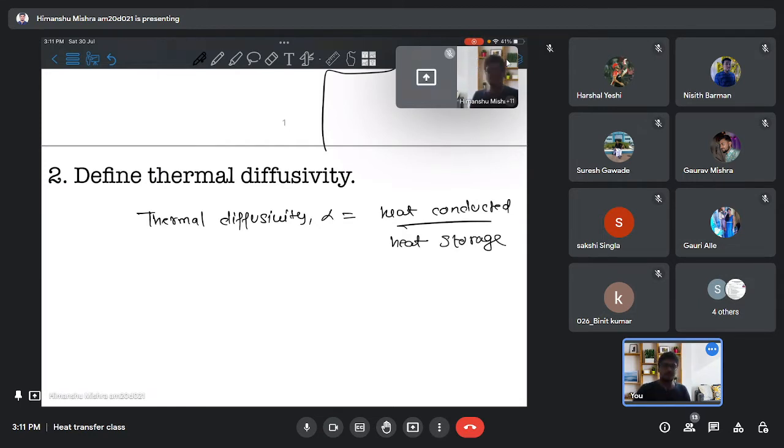So if you consider any body, let's say there is a sphere here, the sphere can store heat as well as it can conduct the heat.